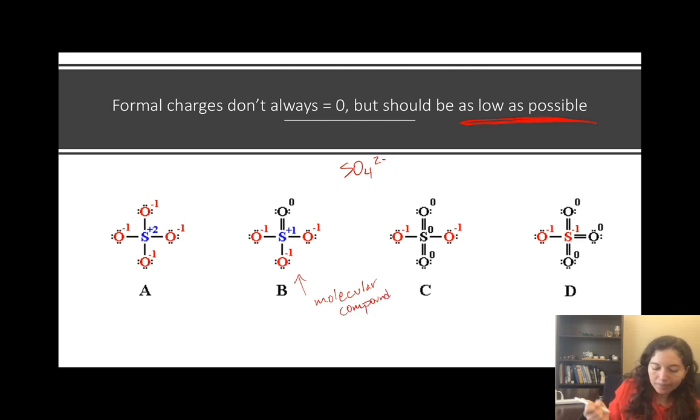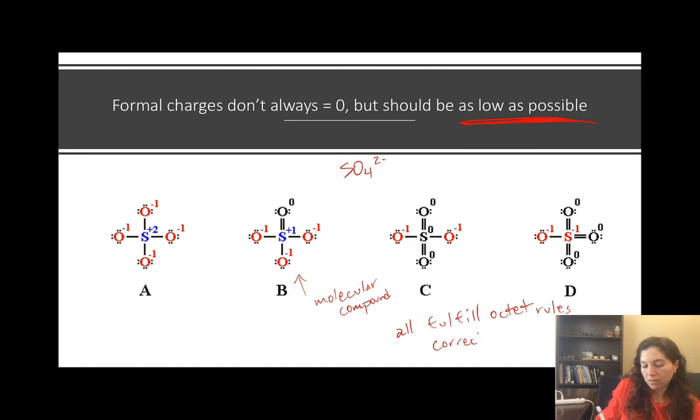But you can see here that this has multiple structures that are correct. We've got 4 structures here that all fulfill the octet rule. And they all have the correct amount of total electrons.